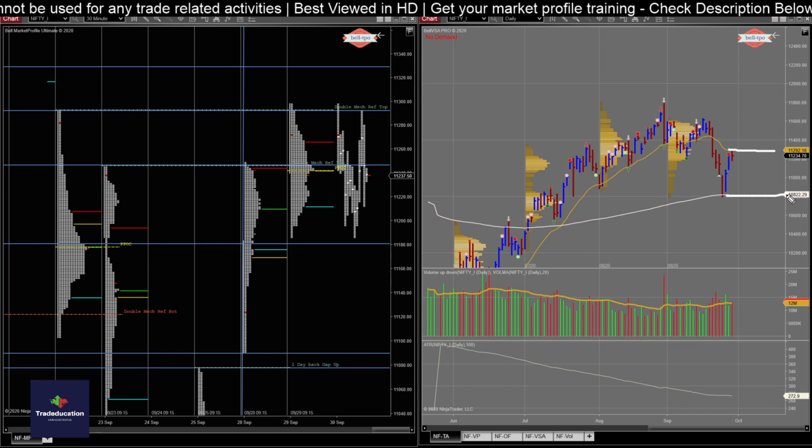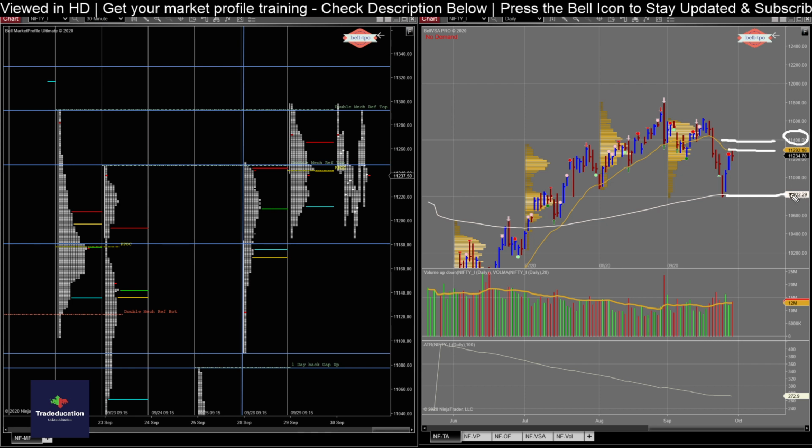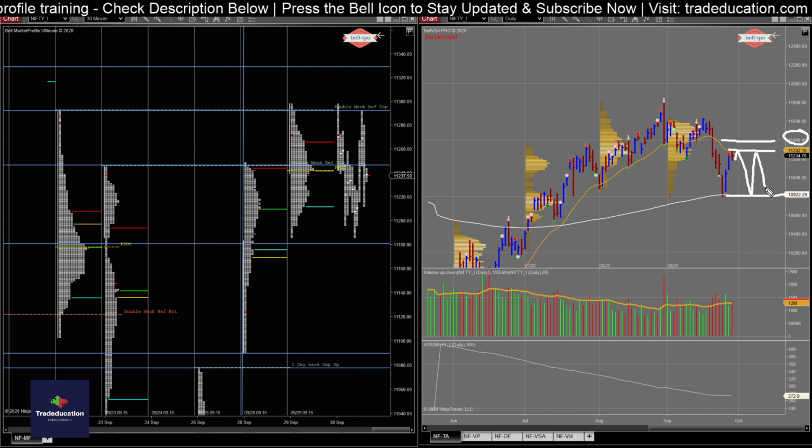Okay, so nonetheless, what the action plan for today is, again my reference will be the 20 EMA and the 200 EMA, and this is the bigger range which I'm expecting. So if you want to look from the positional perspective, you can sell 11,400 calls and 10,850 or 10,800 puts. Okay, and what I'm expecting is some sideways movement in this bigger range.